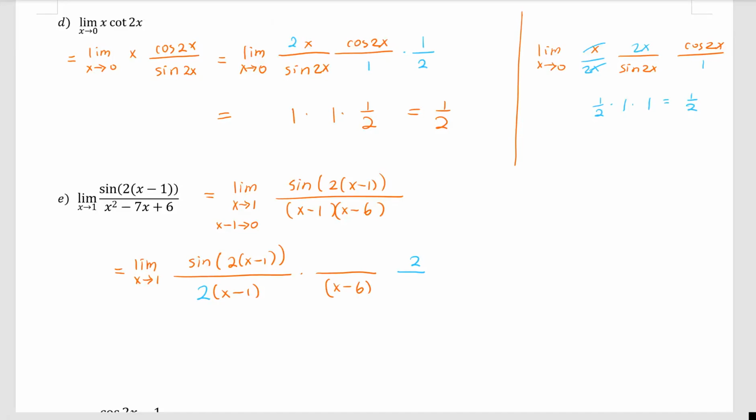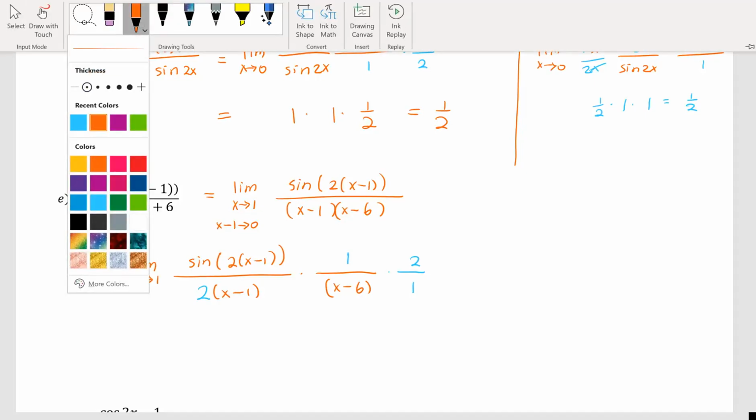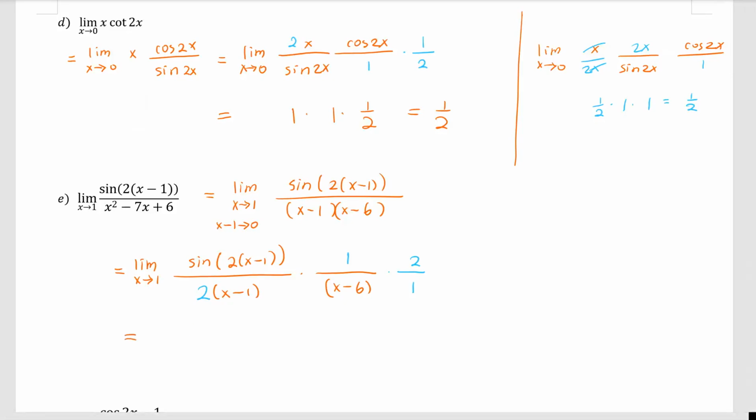But here, what do I want to put here? Think about it. When we plug in 1, well, 1 minus 6 is -5. -5 is okay to be in the denominator, so we don't need to match anything here. So just put the 1. So what is that? Well, the answer, this is 1. This is 1 over 1 minus 6, which is -5.